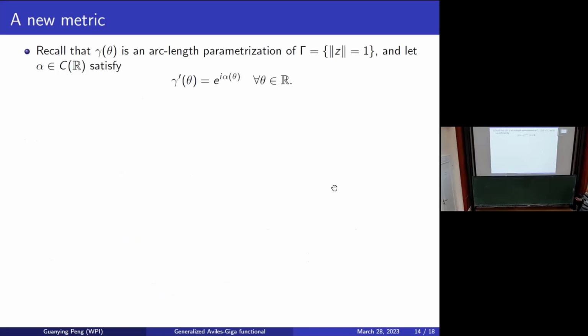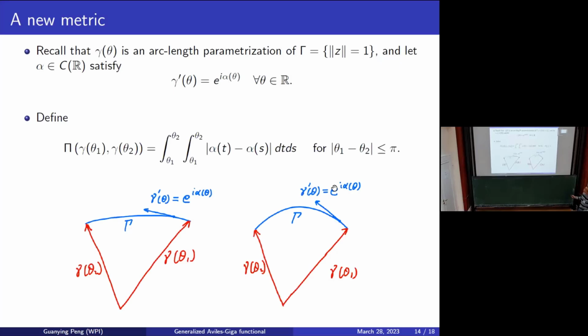So first, let's recall that we're using gamma of theta to denote an arc length representation for the unit circle of this norm, capital gamma. And then we choose this function alpha to satisfy this equation. So it gives you the phase of this unit tangent vector on the curve capital gamma. So it's uniquely defined up to an additive constant.